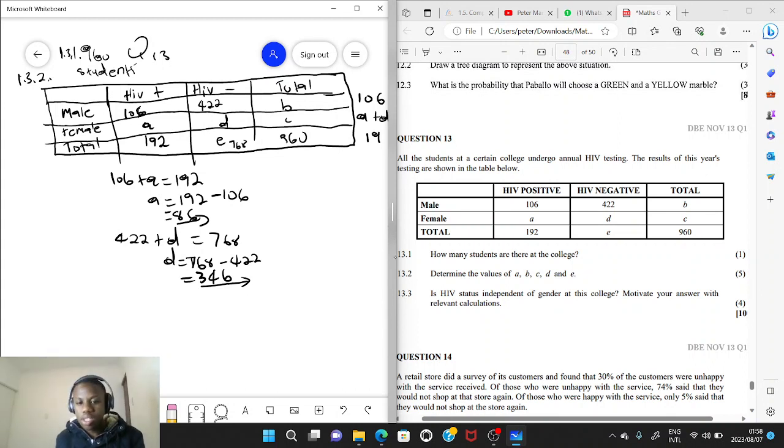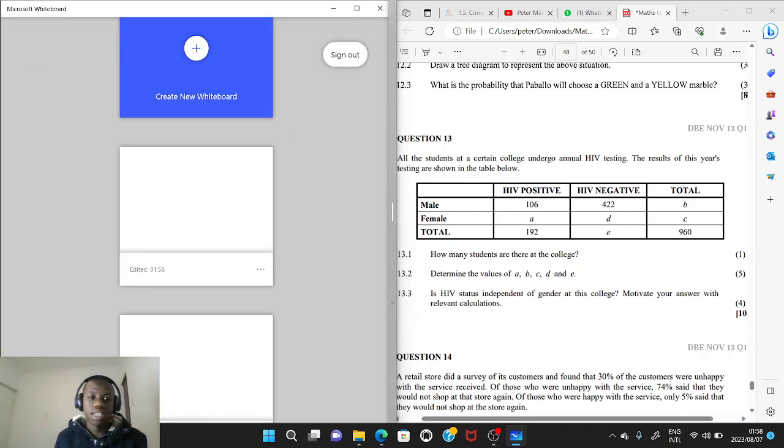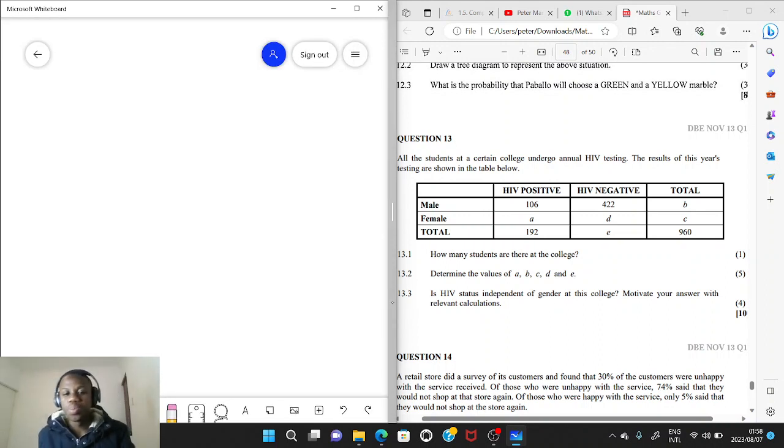Now, here's a question. Question 1.3.3. This is a real question. I've been waiting. So is HIV status independent of gender at this college?